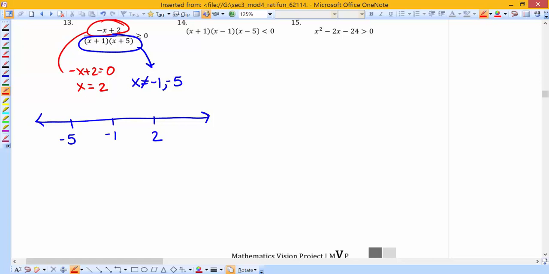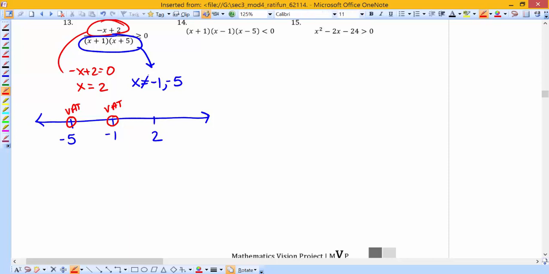Those are your asymptotes. So I'm going to put open circles because they are my vertical asymptotes. X cannot equal those, but they are boundaries in my graph. You could have something in the middle of them. You can have something on the outside of them. You have to put open circles there.